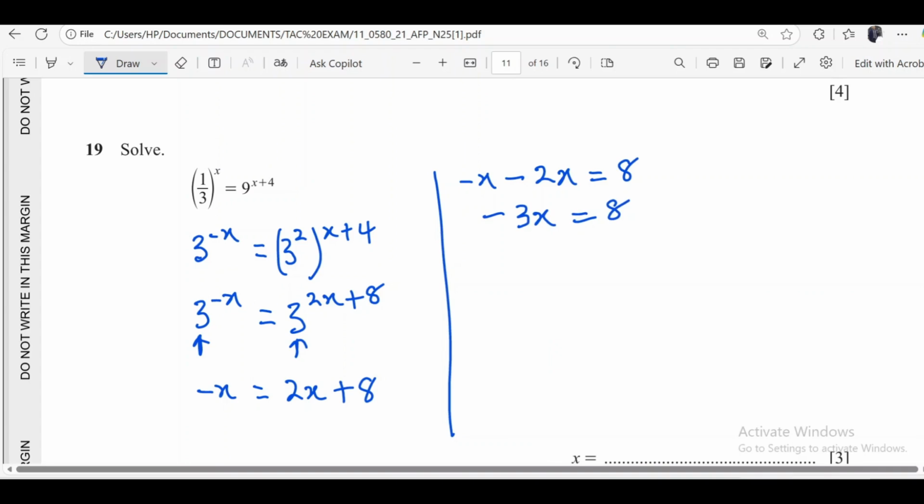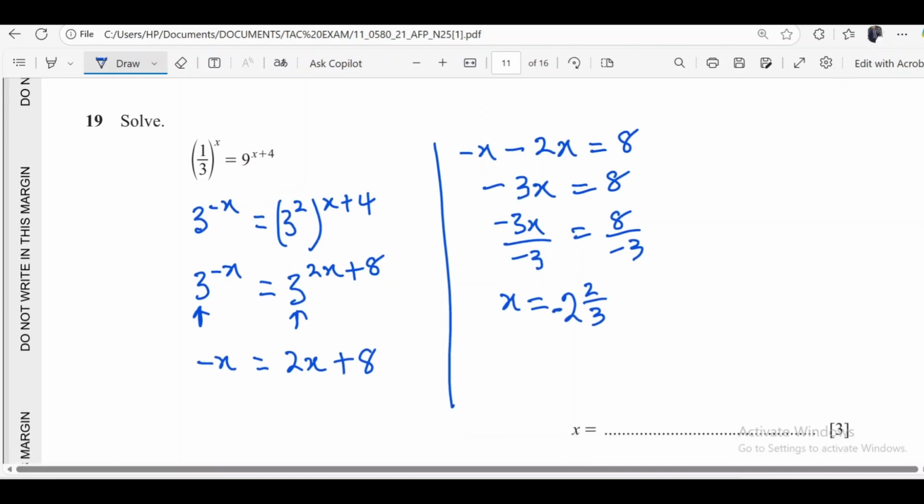And so if you divide, we have 8 over minus 3. So here x is going to be 8 over 3, that's 2 whole number 2 over 3, minus 2 whole number 2 over 3. That's what this will give to us. So we have minus 2 whole number 2 over 3.